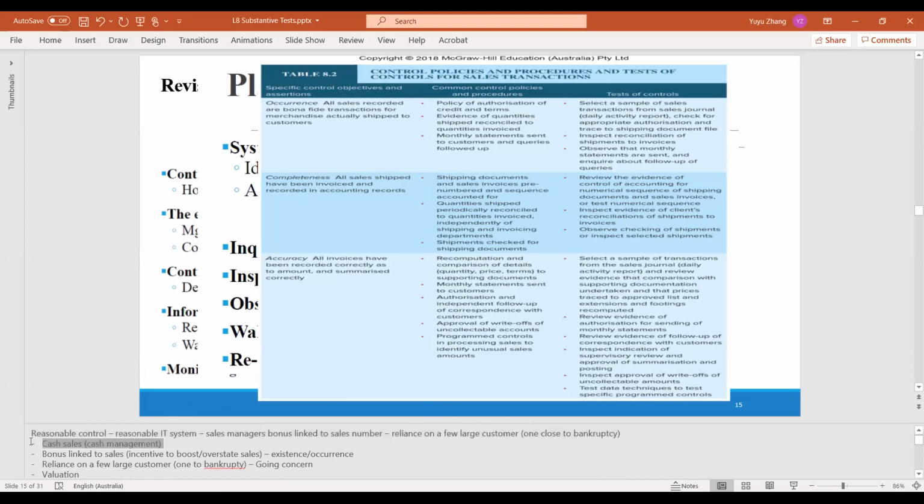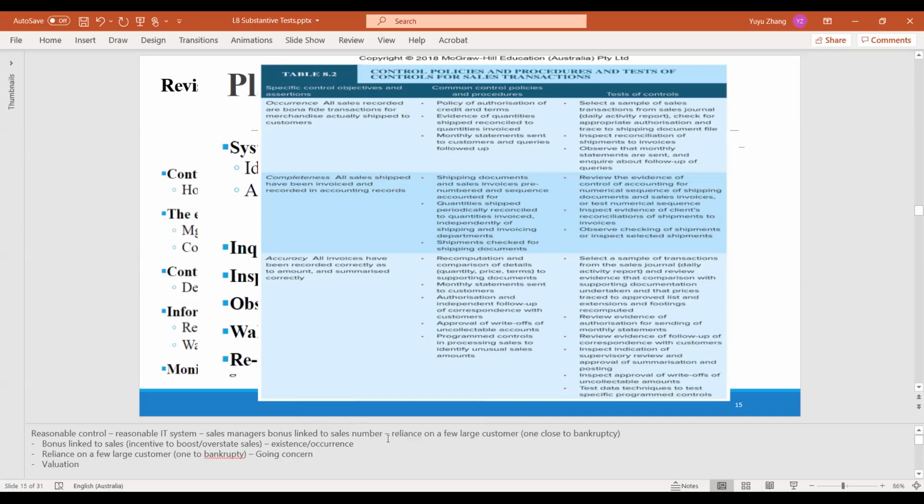Okay, so we are talking about cash later on. So here we just skip cash. So for the control on occurrence, control on valuation, and also control on going concern.